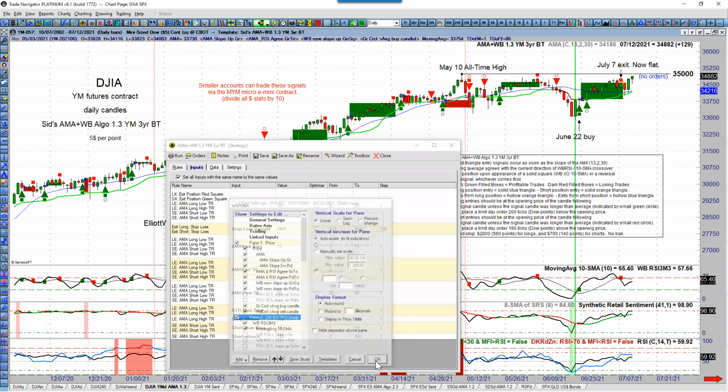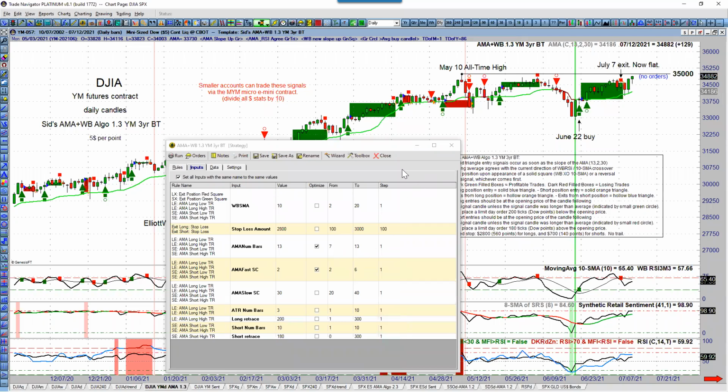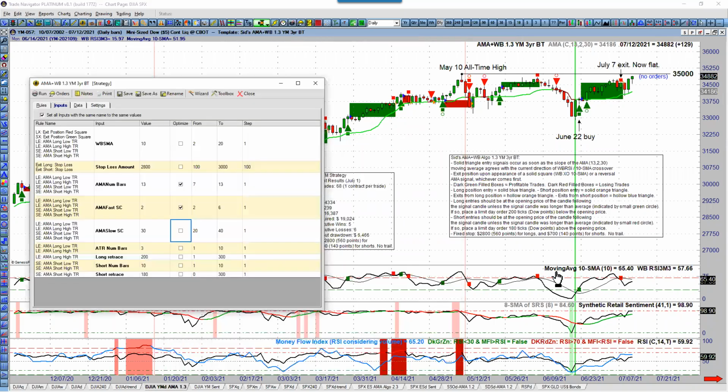And then the other things that we test for. This item down here, I call the Walter Bressert. Notice it has a WB in it right here. This is an indicator that someone in Trade Navigator programmed based on Walter Bressert's work. He was an early pioneer in the area of automated trading and indicator development. And what the Walter Bressert really is, is a double smooth RSI.